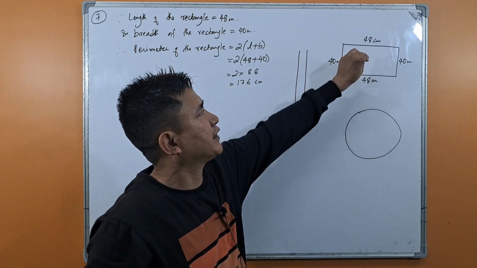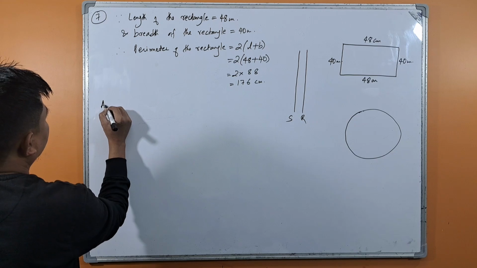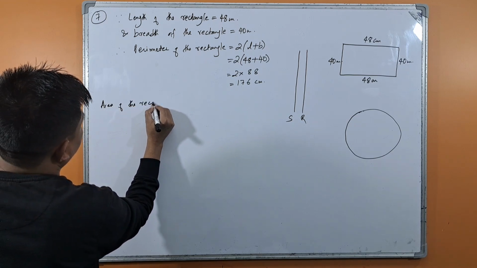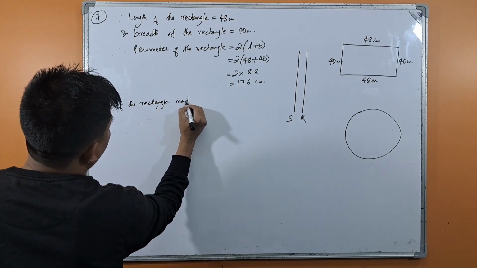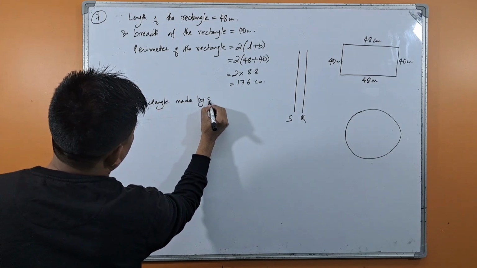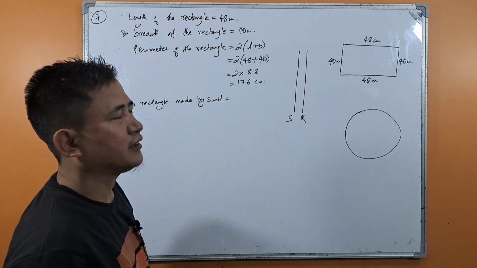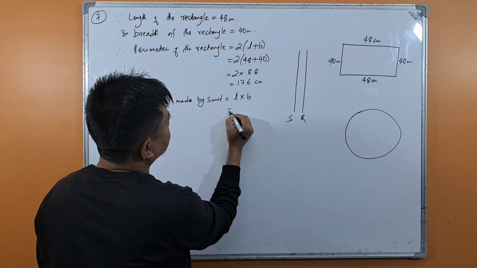Before that, let's find the area of this rectangle. Now, area of the rectangle made by Sumit equal to, so what is the formula for area of rectangle? Area of rectangle is given by length into breadth, isn't it? So what is length?